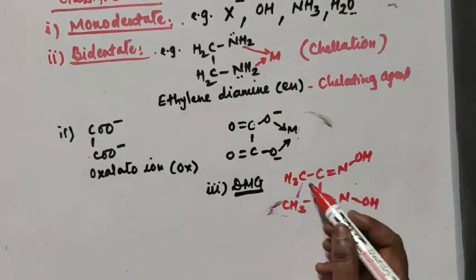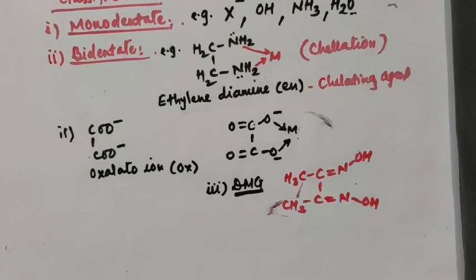So this is your dimethyl glyoxime, and when a hydrogen ion is removed, you will get CH3, then C, double bond NOH, CH3, double bond NO minus.